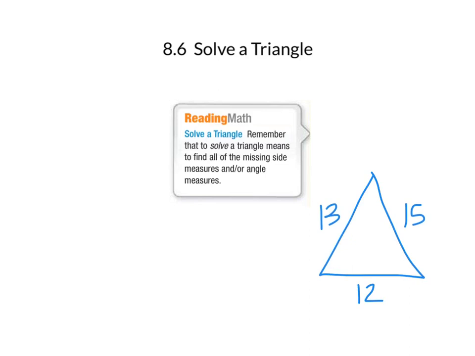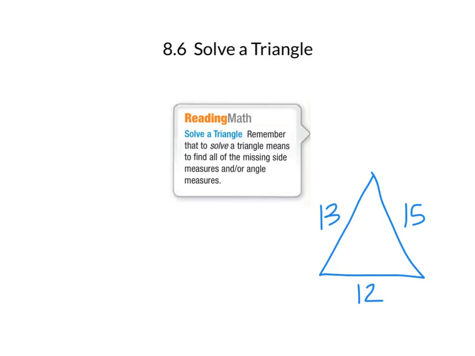Or if they only give you two sides and one angle, you have to find the third side and the other two angles. There are three total sides and three total angles in a triangle. After you solve a triangle, you will know what all three sides equal, and what all three angles equal.